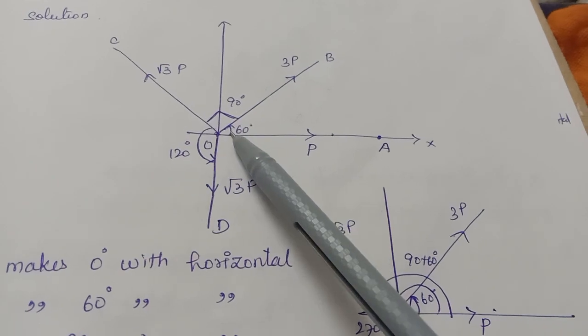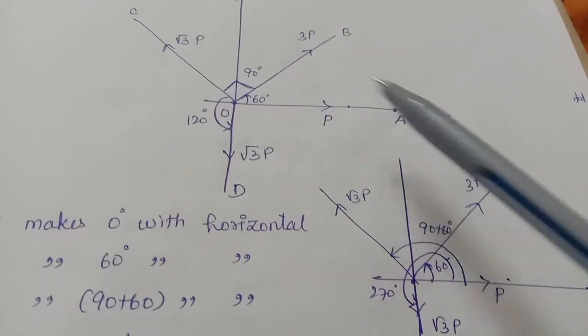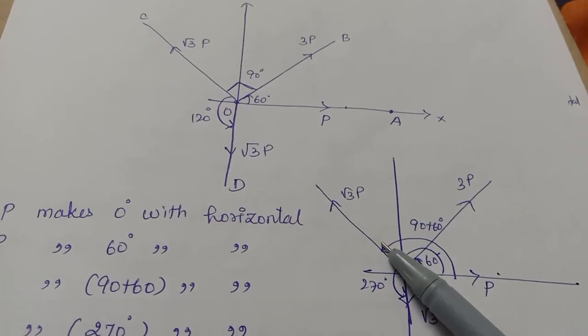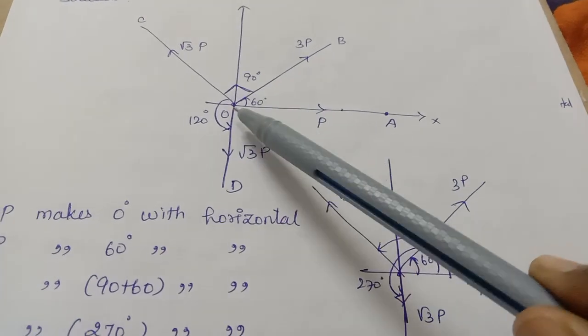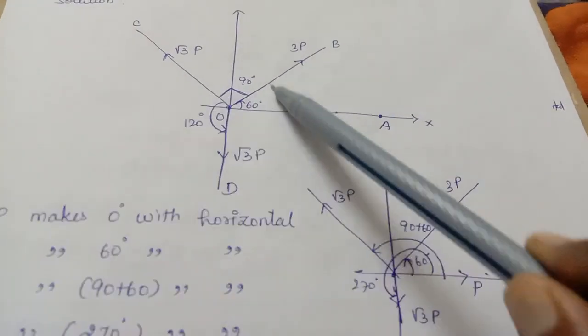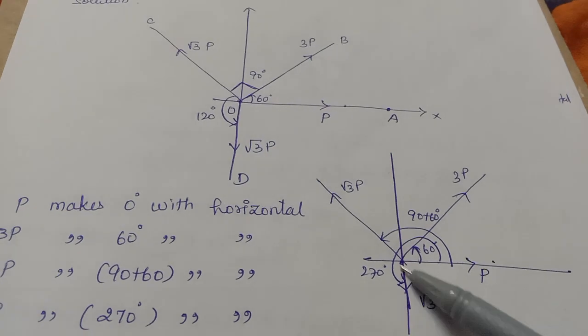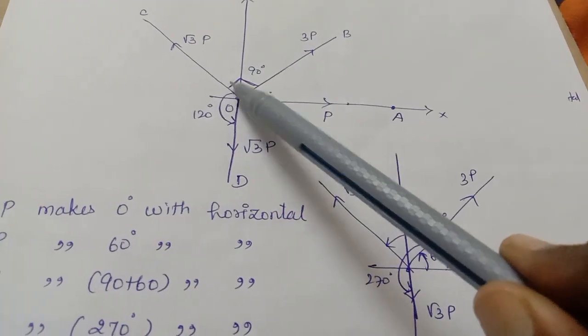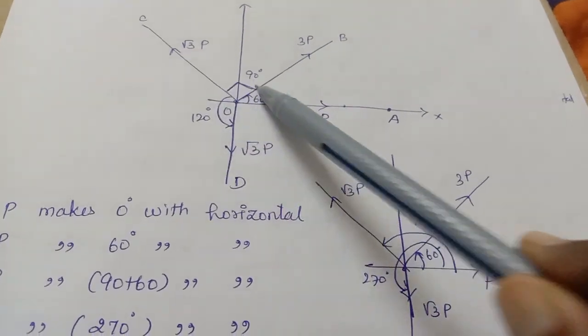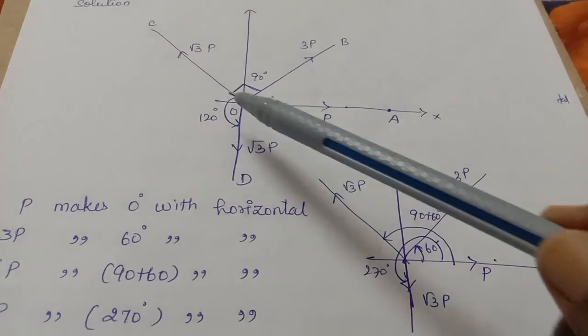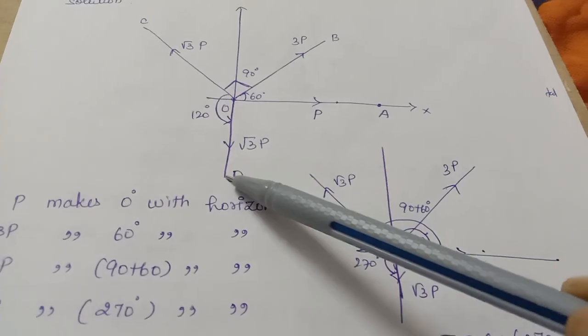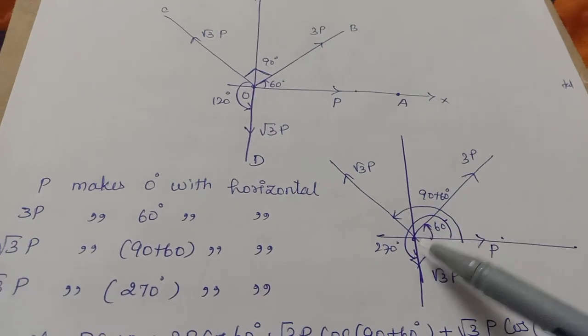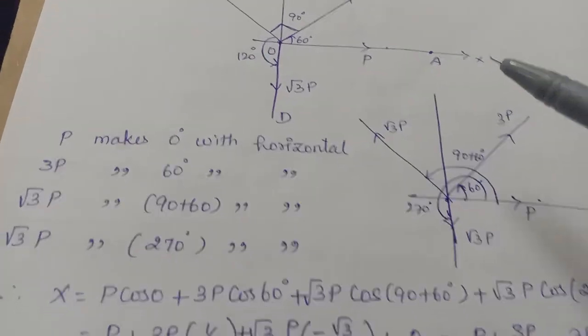This is 90 plus this is 60, means this will be 90 plus 60. And what about this one? This will be 120 plus 90 plus 60. So totally what? 270. Right? That is, it is along the negative y-axis, no? So it is 270. So for any problem, you have to find what?